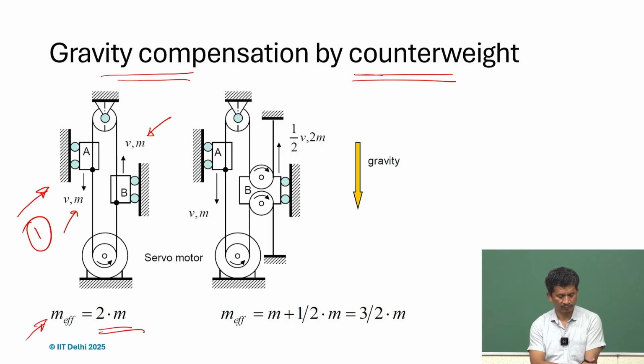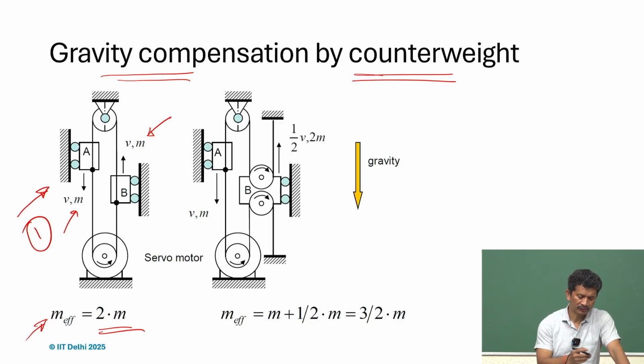On the other hand, suppose we use some transmission and reroute it with cabling, a belt and pulley system, a cable and pulley system, and put it in a way that we use 2m. So, here the mass is now 2m, but it balances the same mass because of this cable and pulley arrangement. And if we do the force balancing, we can find it.